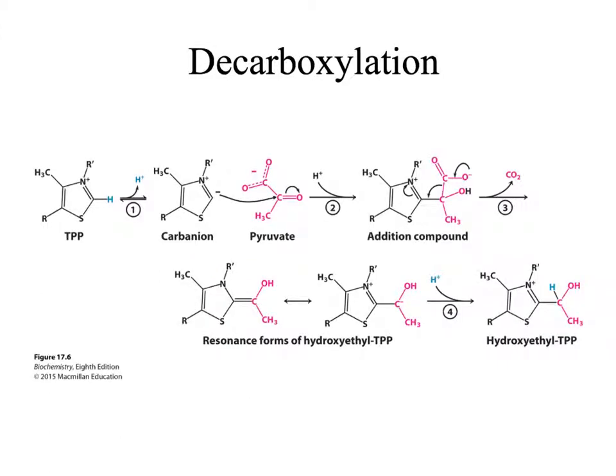So our overall mechanism is here. We start with this TPP, which again is a prosthetic group that is part of that E1 portion of the overall pyruvate dehydrogenase complex. That is going to undergo deprotonation and form this carbanion, this TPP ion, which will then attack that carbonyl group of pyruvate.